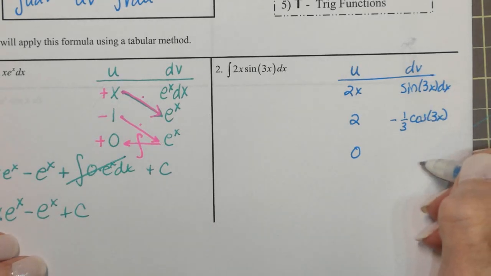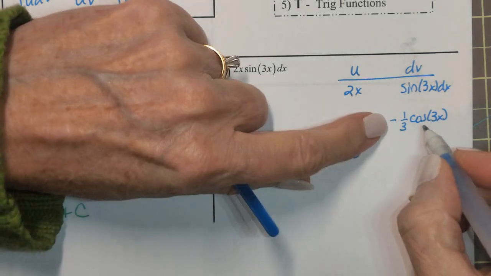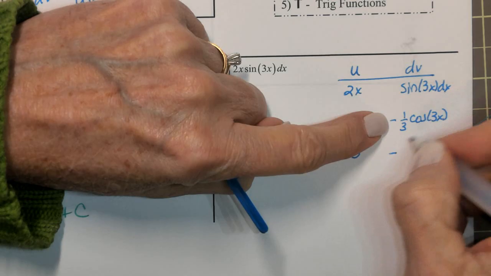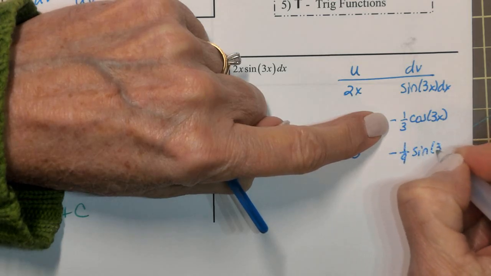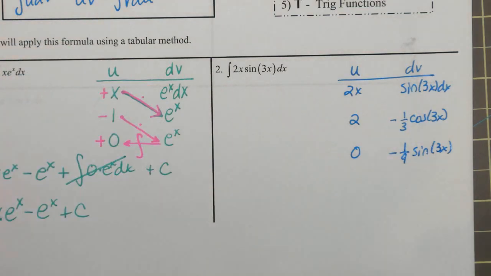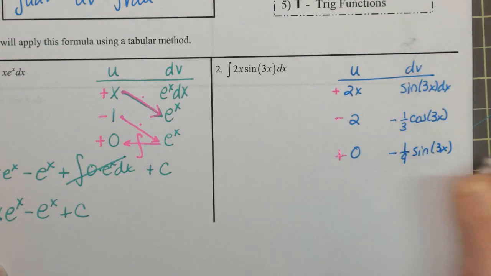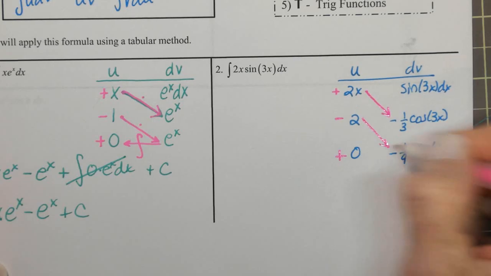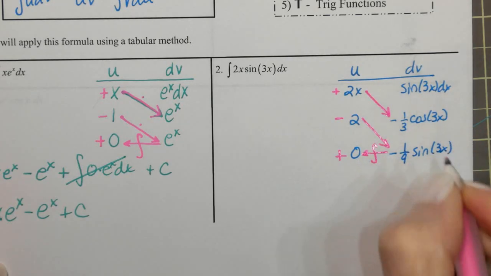Okay, so the antiderivative of this piece now. When you're integrating cosine, keep the sign. So we'll have negative 1/9 sine of 3x. Plus, minus, plus, multiply diagonally, integrate horizontally.